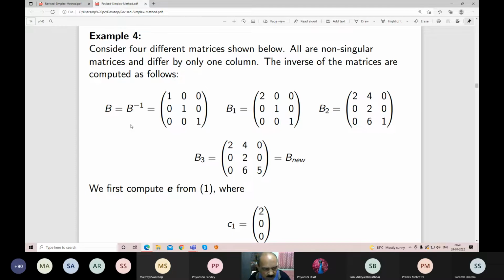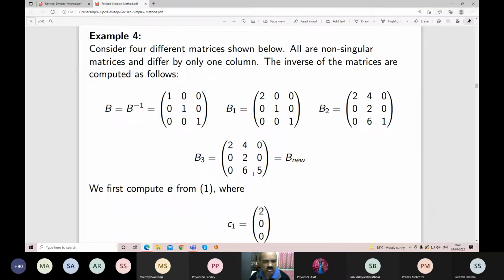Now, using B, how can you find B3 inverse? Directly, it is not possible. We have to go using these steps. Using B, you will compute B1 inverse. Using B1 inverse, you will compute B2 inverse. Using B2 inverse, you will compute B3 inverse. Once you have computed B3 inverse, it is clear that it is possible, once one column we are changing at a time and we are computing the inverse.